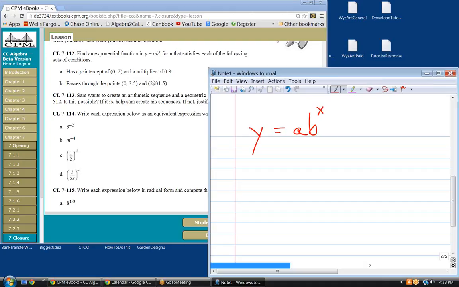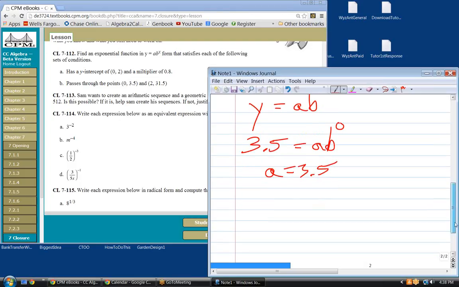So how do we solve for, what do we do? 3.5 equals a b to the 0. Okay. Now what? a equals 3.5. Okay.